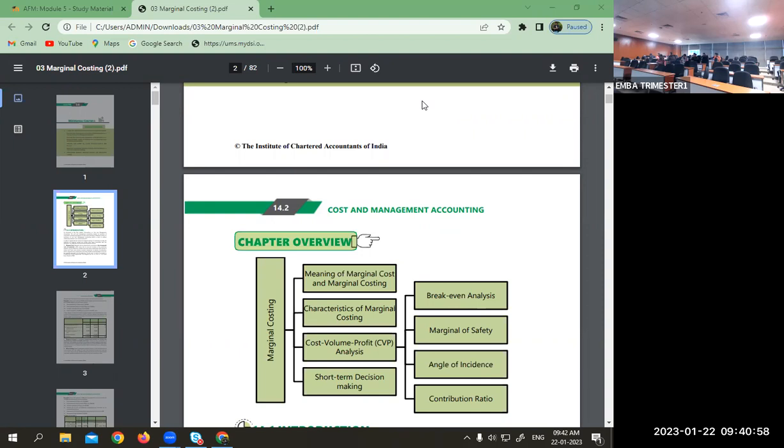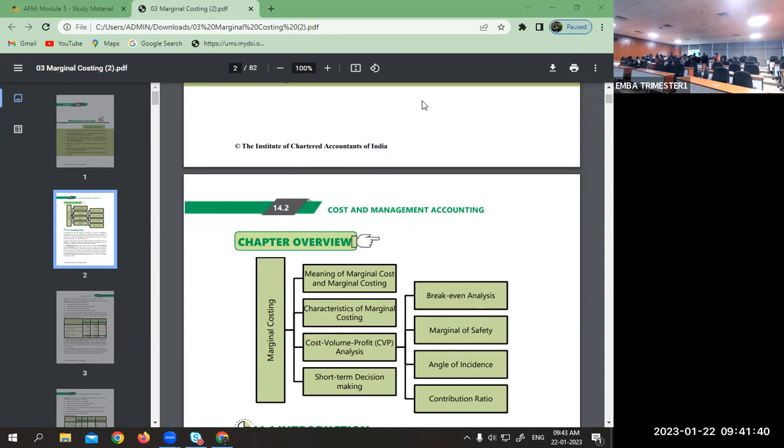Cost of production plus opening stock of finished goods minus closing stock of finished goods is equal to cost of goods sold. Cost of goods sold plus selling and distribution overhead is equal to cost of sales. So cost sheet format you don't remember, you have forgotten. I repeat again. Opening stock of raw material plus purchase of raw material plus any transport cost on purchase of raw material minus closing stock of raw material is equal to materials consumed.